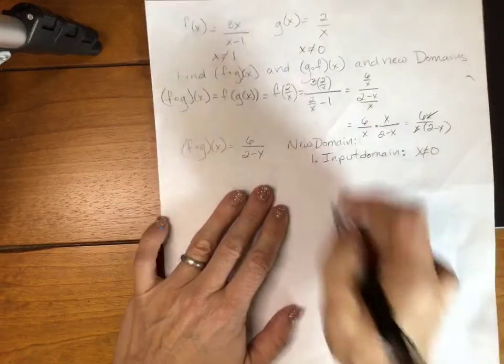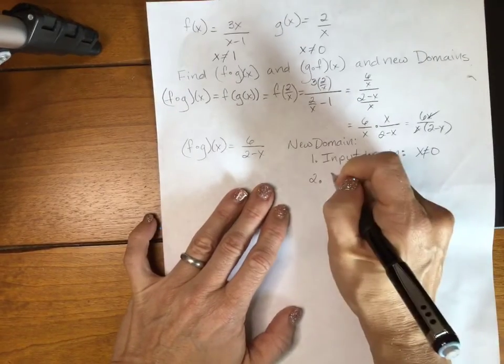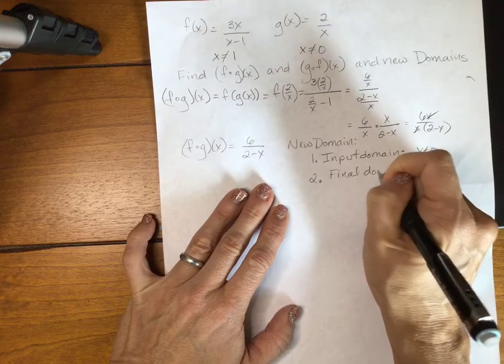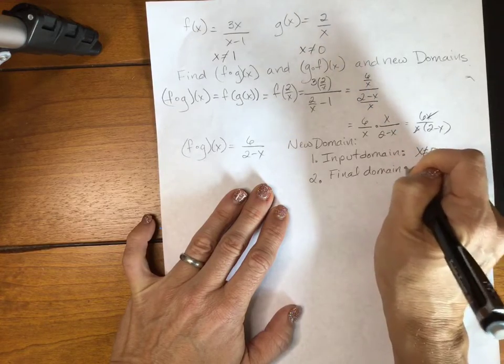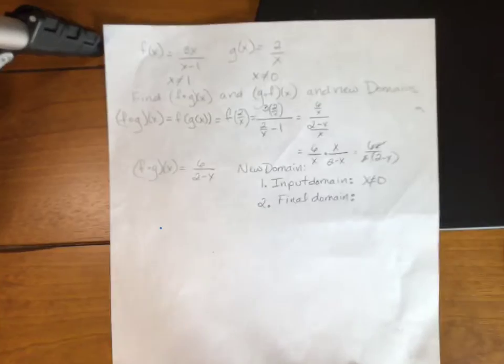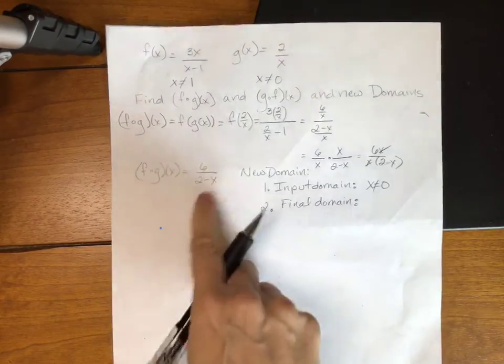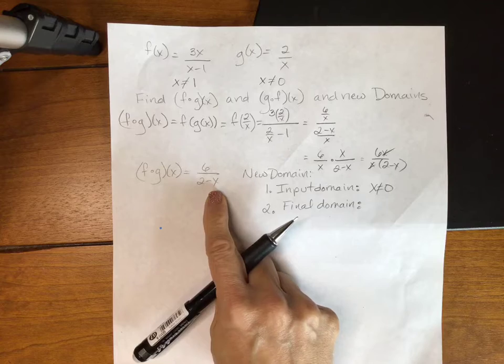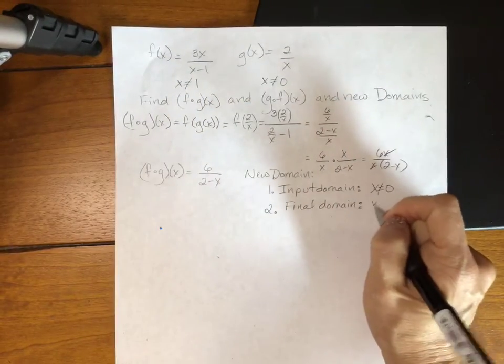And then the final domain is also important. So at this point, you're going to want to ask yourself, what can x not equal in my final new function? And x cannot equal 2.